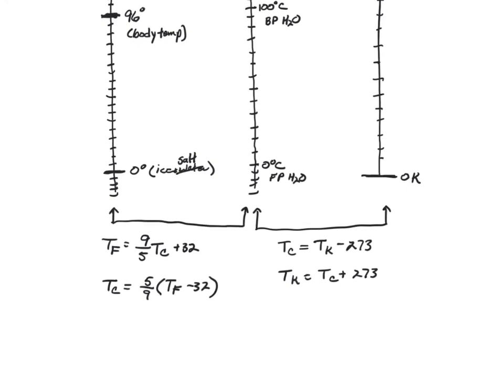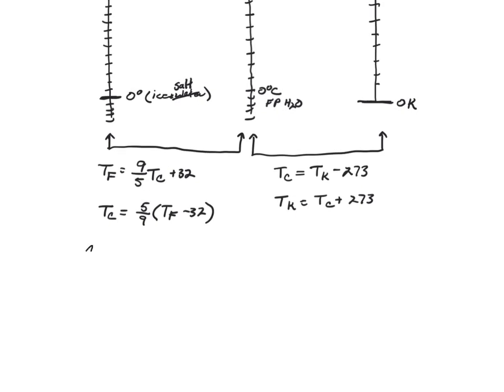So let's do that real quick. Let's say we want to convert, let's say, 300 Kelvin to degrees Fahrenheit. Well, the first thing we would have to do is to go from Kelvin to Celsius, and then from Celsius to Fahrenheit.